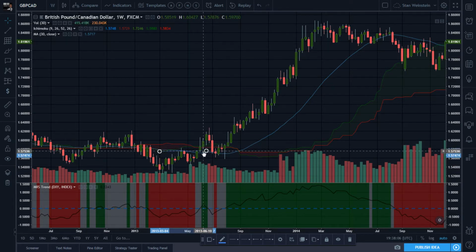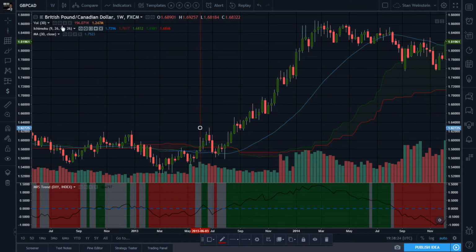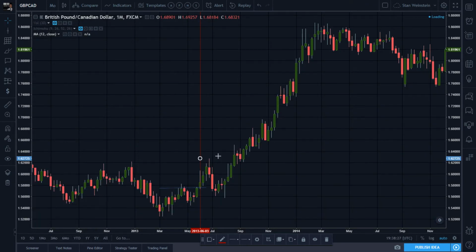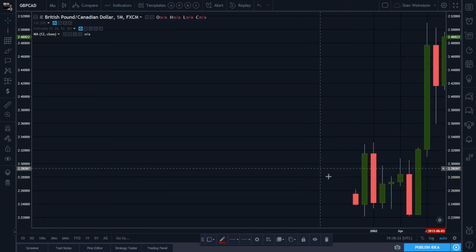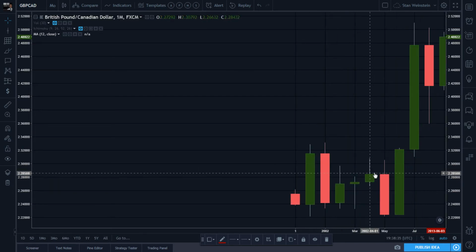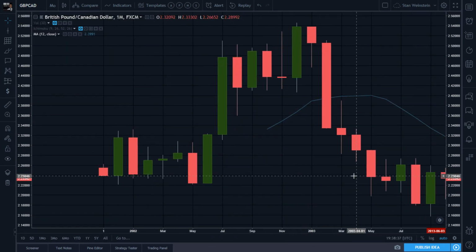Volume's just one part of the equation. You want the 30-week moving average inclining. You want to be above the Ichimoku cloud. You want the price action to be above the 30-week moving average. And you also want, let's go put a red line there, go in on the monthly. Whoa! What happened here, guys?